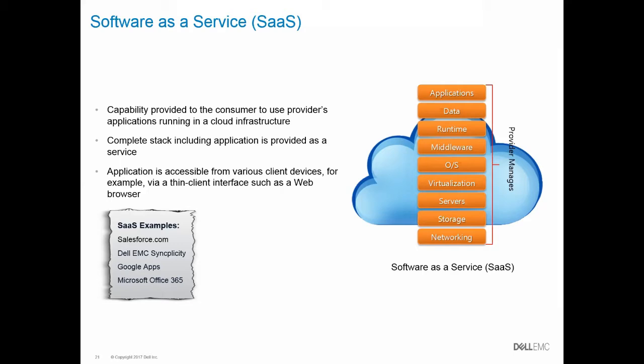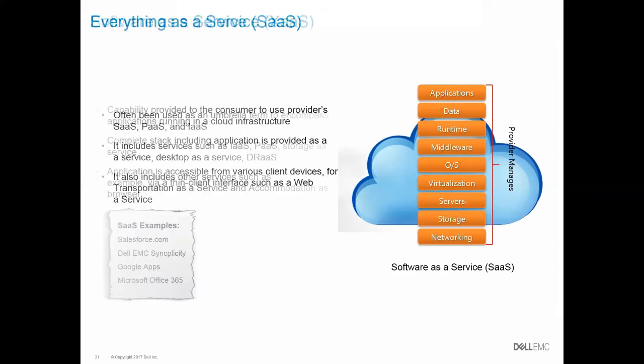So you need to make sure that the software as a service provider, is he reliable, is the company reliable, is the company going to protect my data. Okay, so more from a security point of view. Okay, so SaaS examples like Salesforce, Google Apps, Microsoft 365, these are all software as a service examples.